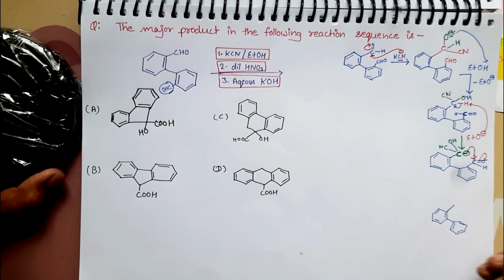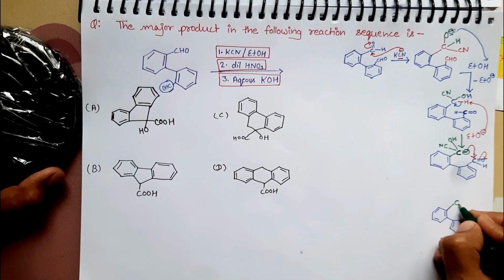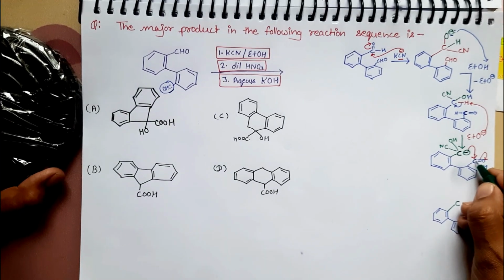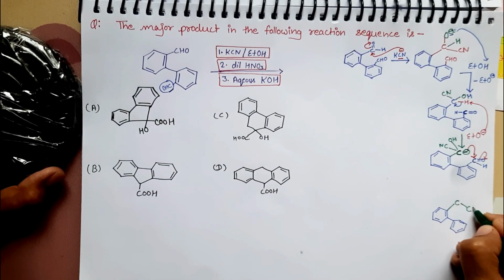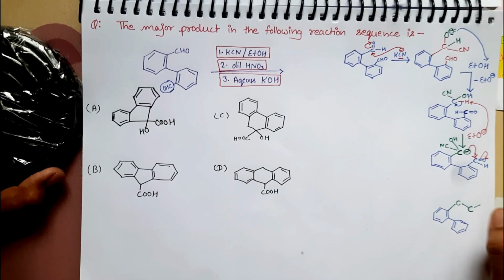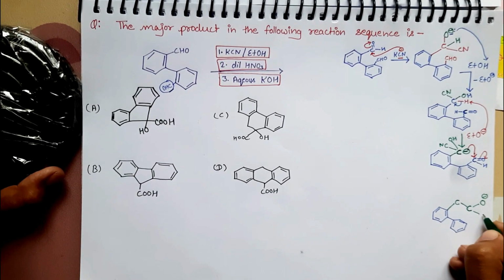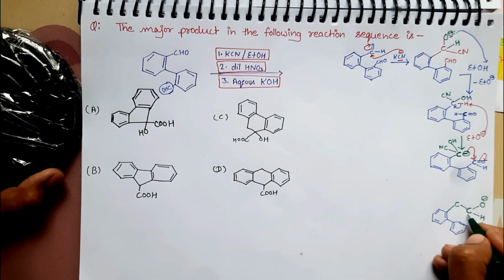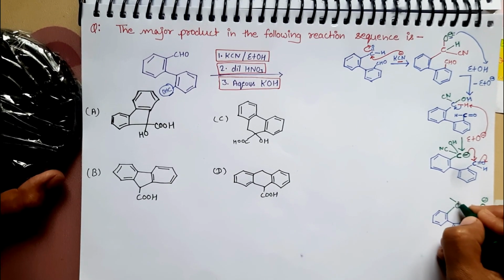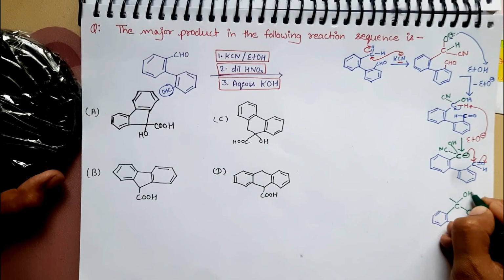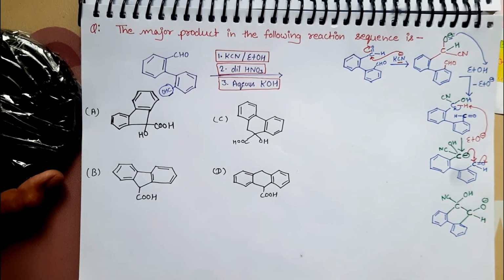So here this carbon atom bonds with this carbon atom, and this carbon atom has O negative and one hydrogen atom, and this carbon atom is attached with one hydroxyl group and one cyanide group.